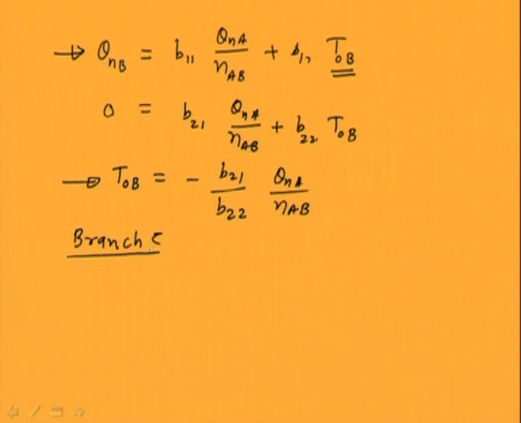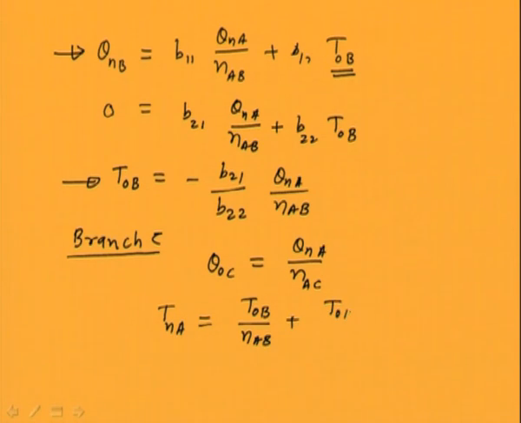Now at branch C we have a similar relation as branch B. First is the gear ratio between A and C. And apart from this, there is another condition which comes from how much strain energy is transferring from gear A to B and C. If we equate that, we will get a relationship of the torque which is transmitted through A, B and C. So these two conditions we have to satisfy for branch C.